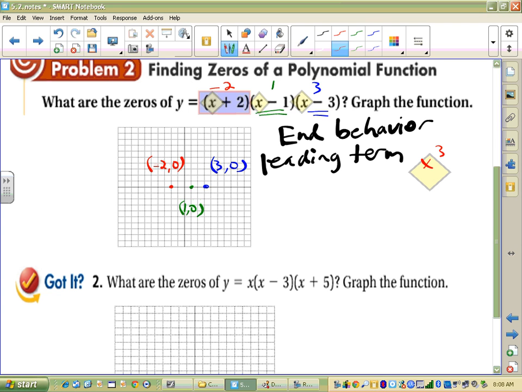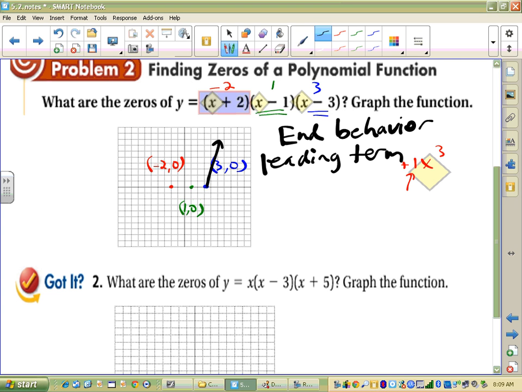The coefficient of that is positive 1, which means what happens on the right side of the graph? On the right side of the graph, it goes up. Good. So on the right side of this graph, the graph is going to be heading upward. How far, how fast? Who knows, but it is going to be heading upward on the right side of the graph. Everybody see that? Okay.